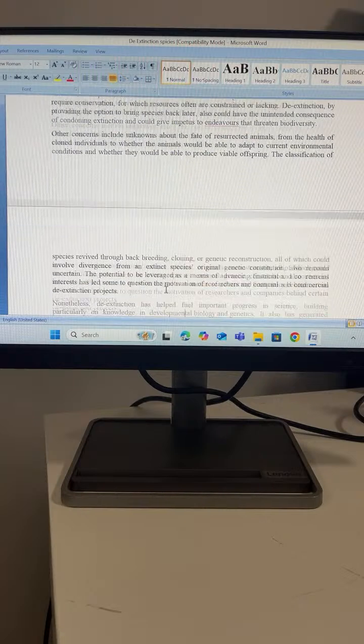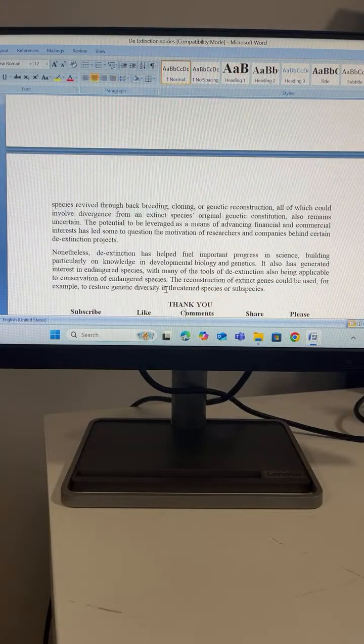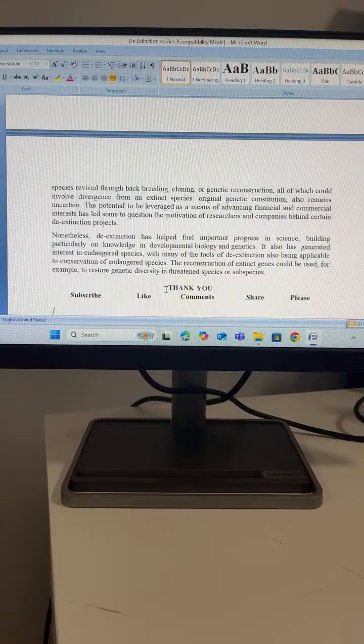The classification of species revived through backbreeding, cloning, or genetic reconstruction, all of which could involve divergence from an extinct species' original genetic constitution, also remains uncertain. The potential to be leveraged as a means of advancing financial and commercial interests has led some to question the motivation of researchers and companies behind certain de-extinction projects.